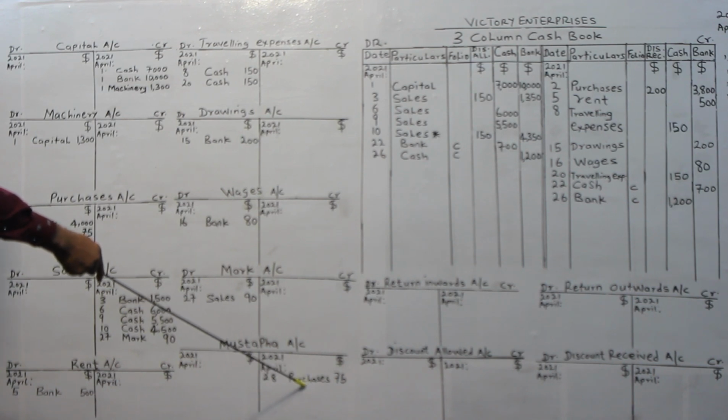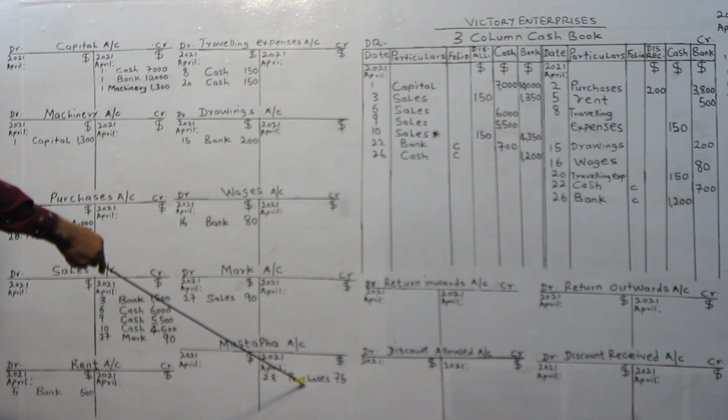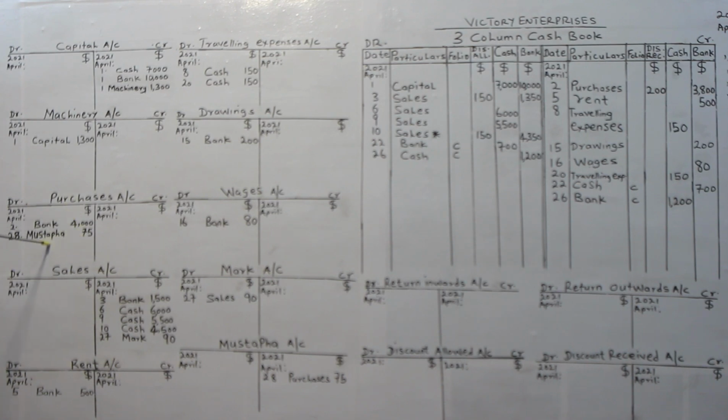If purchases is personified, it means that the person that received the goods is known as purchases. Therefore, the purchases account is debited for receiving goods of $75 from Mustafa on 28th of April 2021.